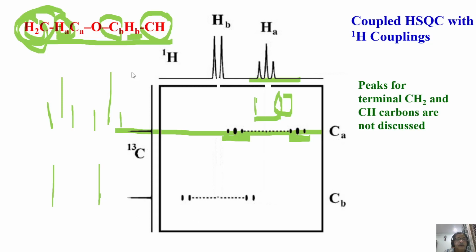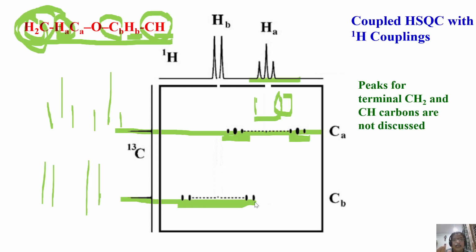But now each component of the doublet is split into additional doublet because of coupling with this proton. So it appears like this. Exactly that's what we are seeing. In the coupled HSQC, now we have brought in proton-proton couplings also. But in the carbon 13 dimension, it is still a single peak.